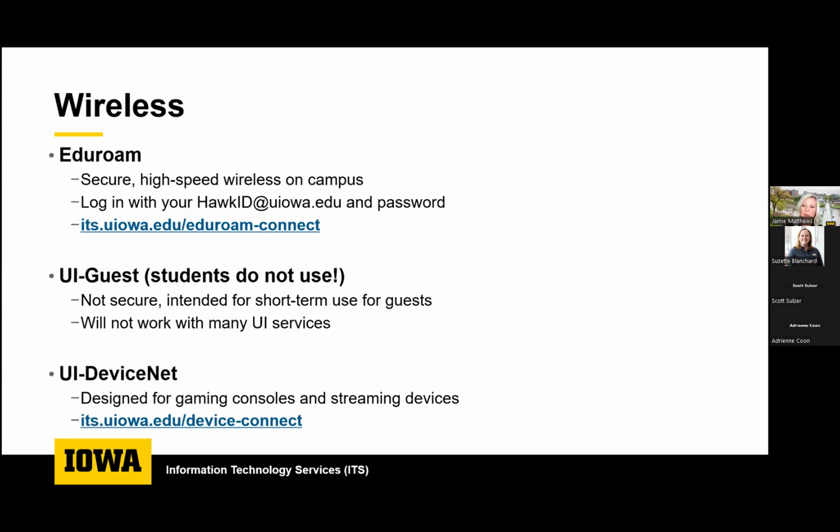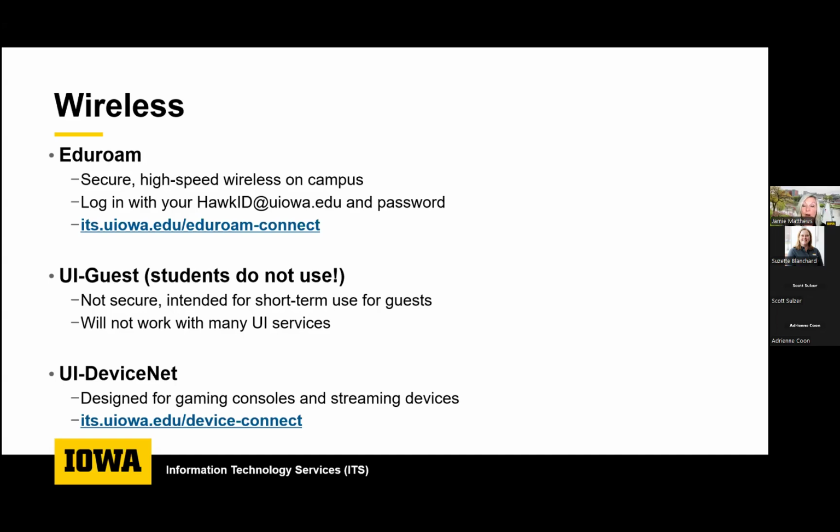Several years ago, our network engineers really gave up the fight and they created a separate network just for gaming devices and streaming consoles. I don't know, I guess gaming is important for students. I don't get it, but gaming consoles and streaming devices can't connect to Eduroam because you have to authenticate with your Hawk ID.